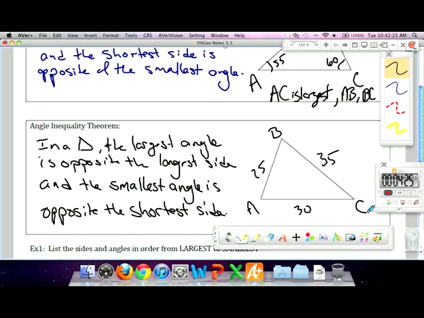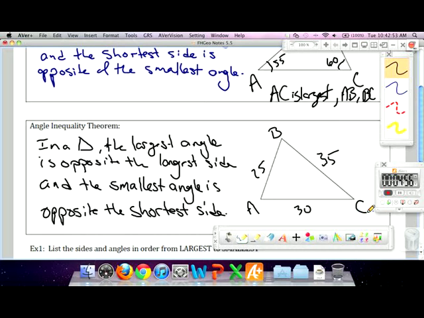So here's the longest side. There's got to be my largest angle. There's the next largest angle. The next longest side is 30. Therefore, my next largest angle must be opposite of that, which is angle B. So our smallest angle has to be opposite the smallest side. Here's the smallest side. There's my smallest angle.